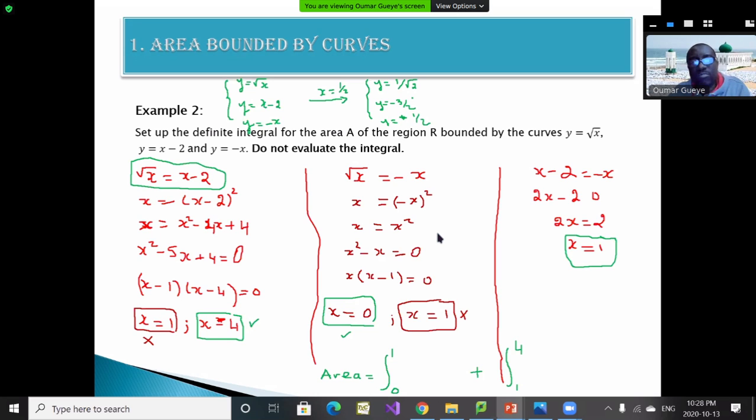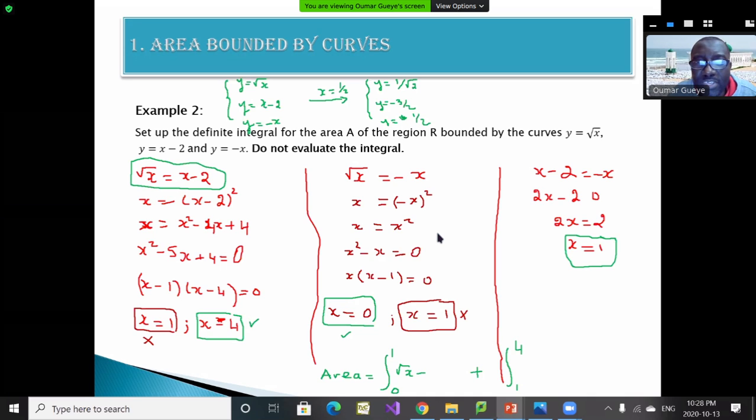And now you have to pick which one is the greater value. You have one positive value, the first value, and the two other values are negative. So the greater value is going to be 1 over root 2, and it's obtained from the first equation. It means the first equation is going to be the greater function, on the top. That's why we use root of x as my f, minus the second greater function.